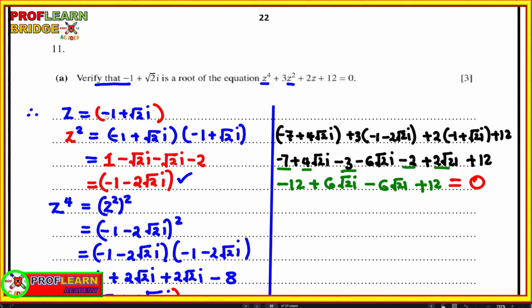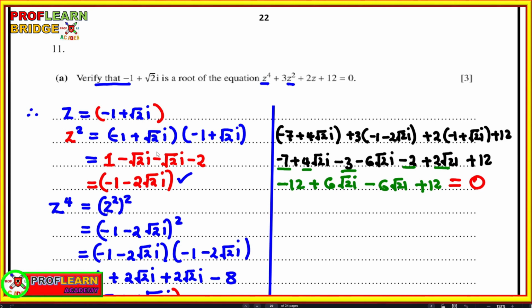Since our z is negative 1 plus root 2i, if we square this, negative 1 times negative 1 is positive 1. Negative 1 times root 2i is negative root 2i, then root 2i times negative 1 is another negative root 2i.